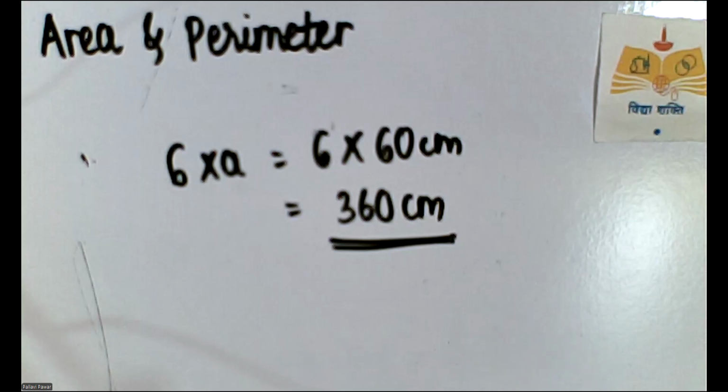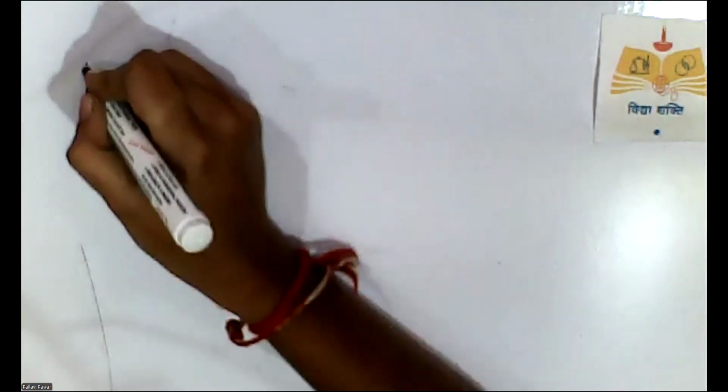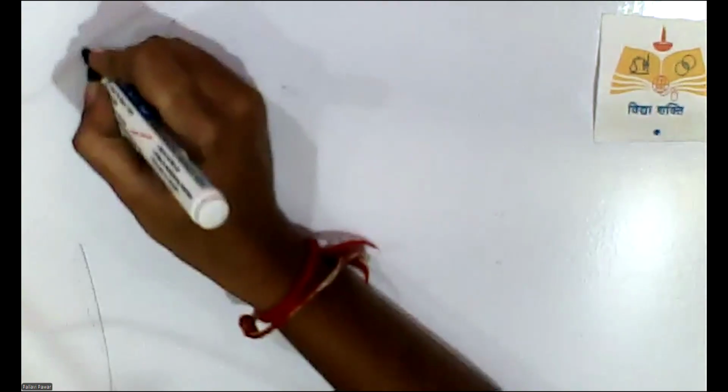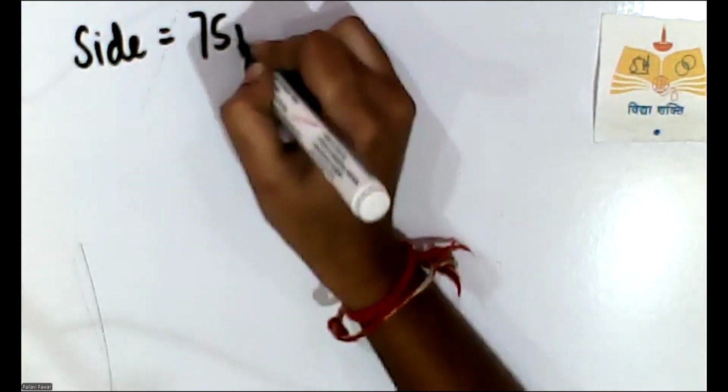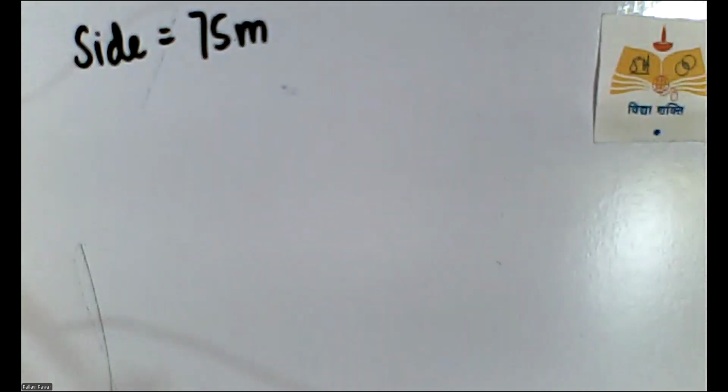So now I will quickly give you a question. Try to solve it and give me the answer. Find the distance traveled by Usha if she takes 3 rounds of a square park of side 75 meter. The park is in a square shape. Its side is 75 meter. Usha takes 3 rounds of this park.